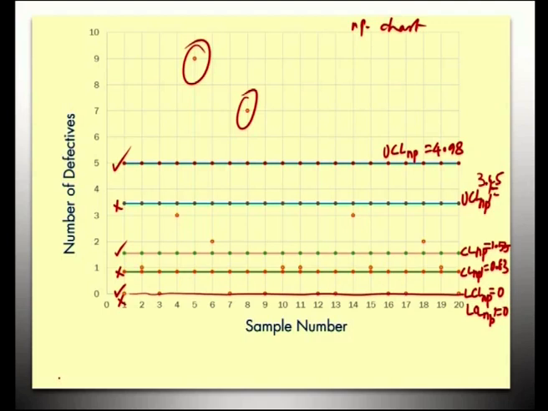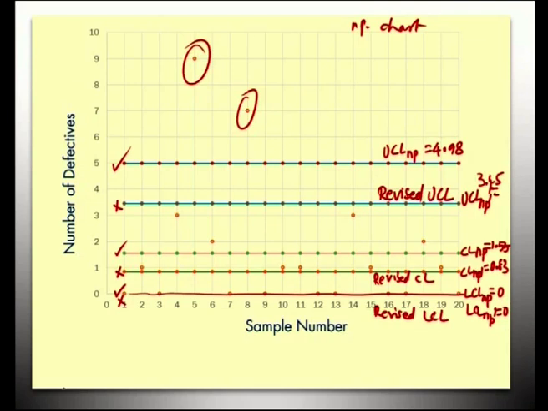Now, you can see all the sample points with orange dots are lying between LCL and UCL. No orange point is seen outside the revised UCL. Okay. So, this is the revised upper limit UCL, this is the revised central line, and this is the revised LCL.